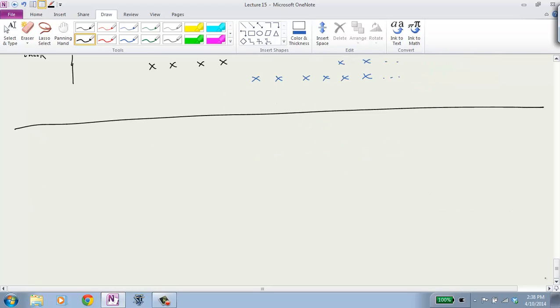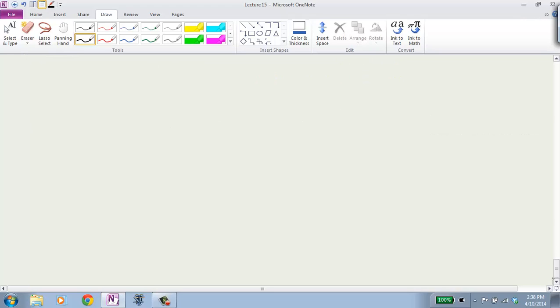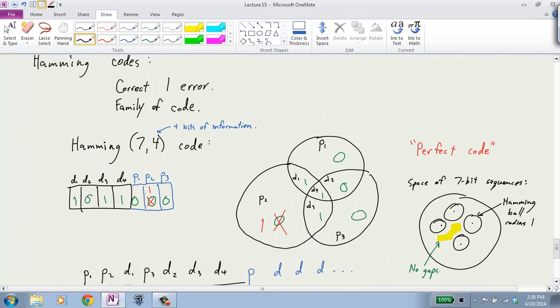Okay. So I want to show you how we can analyze the probability of error of these things. The reason is we really aren't interested in saying that you can just decode up to exactly one error.